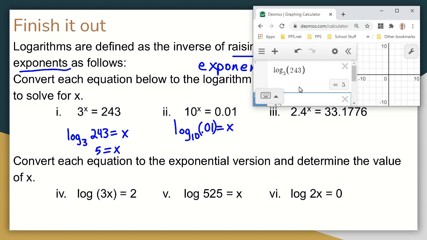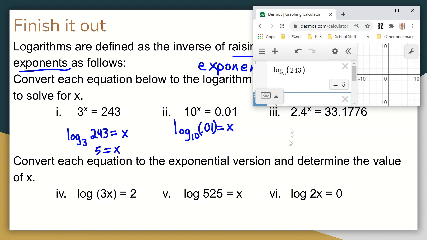Sometimes the thing that we're taking the log of, we call the argument of the logarithm. Sometimes we put it in parentheses just to identify it as the argument. So this is the base, this is the argument of the logarithm, and this is what the logarithm is equal to.